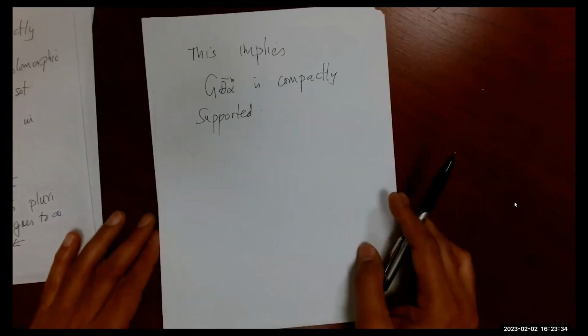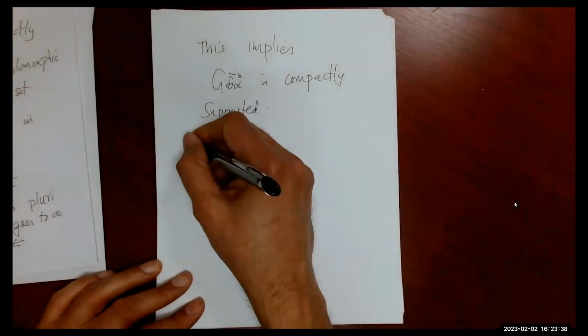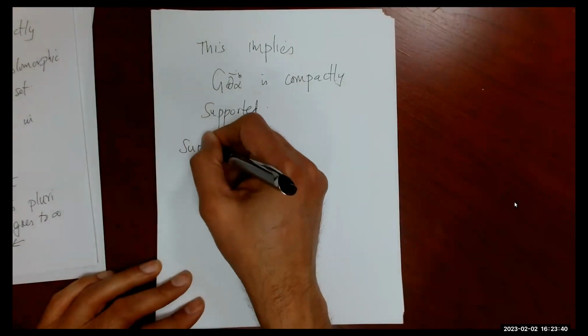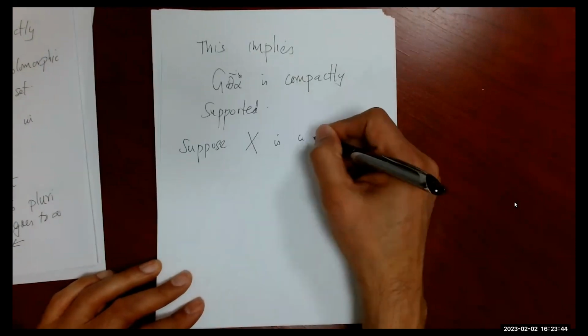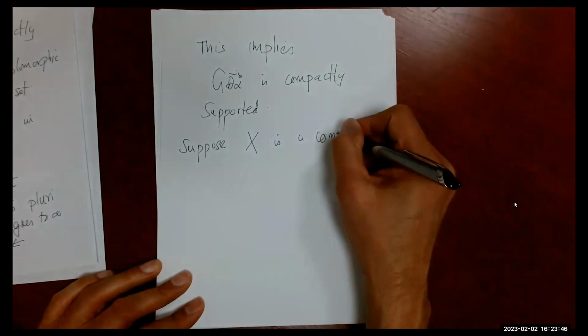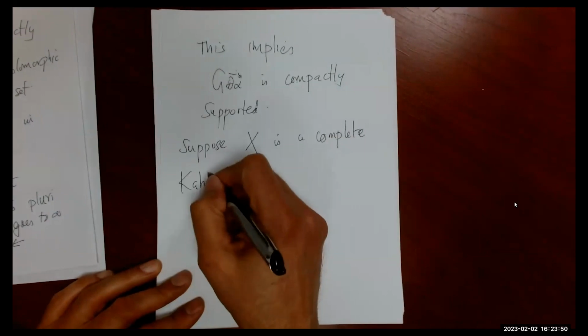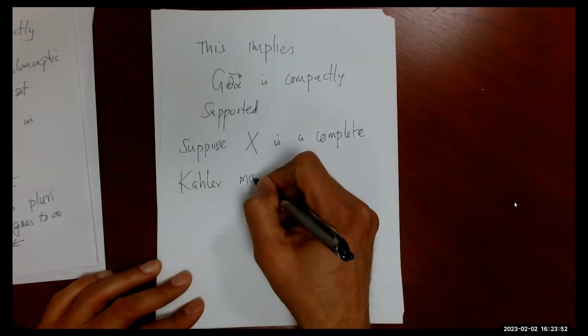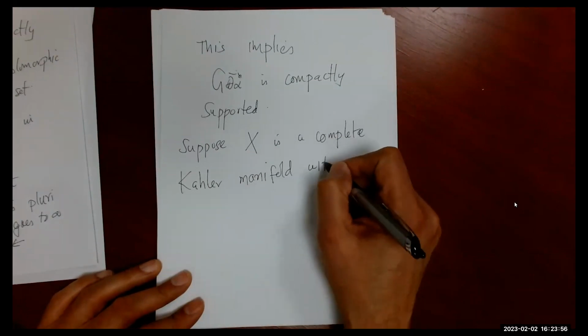Conclusion is, suppose X is a complete Kahler manifold with bounded geometry.